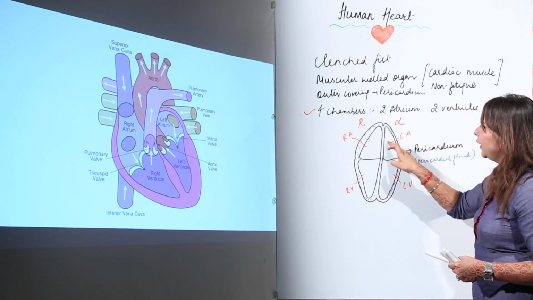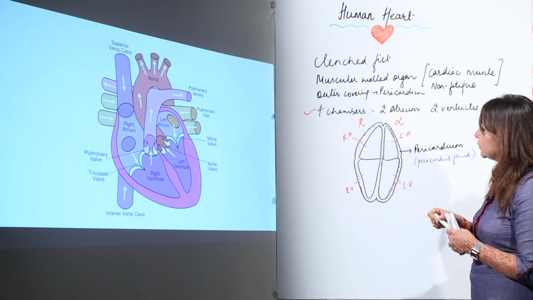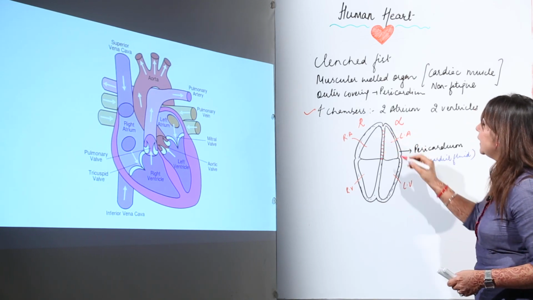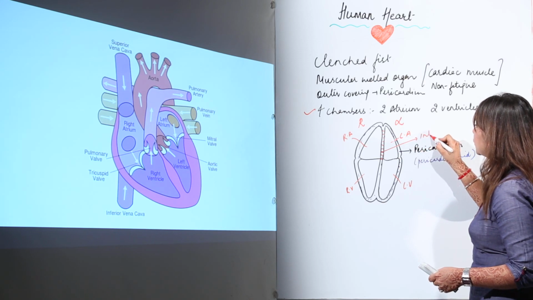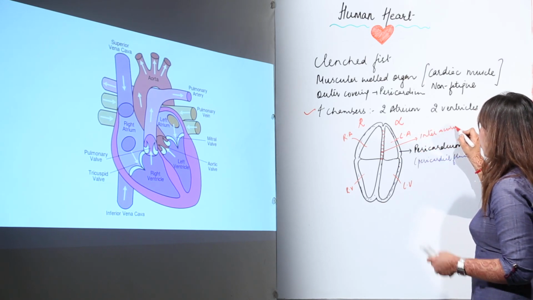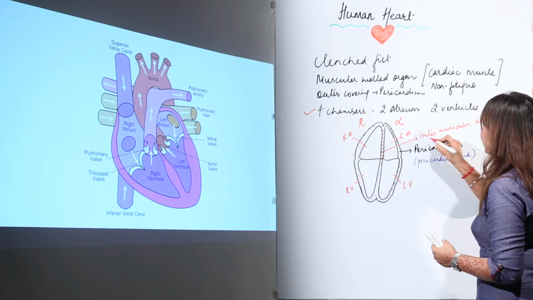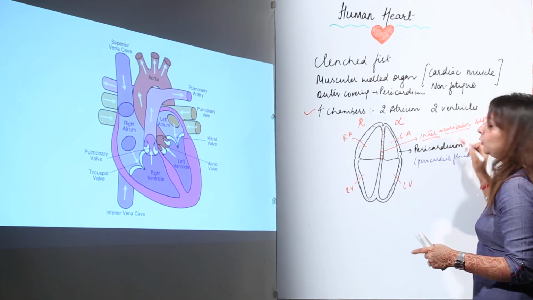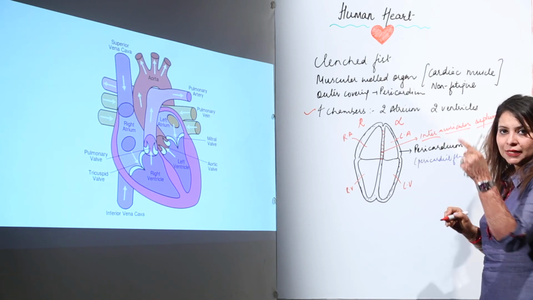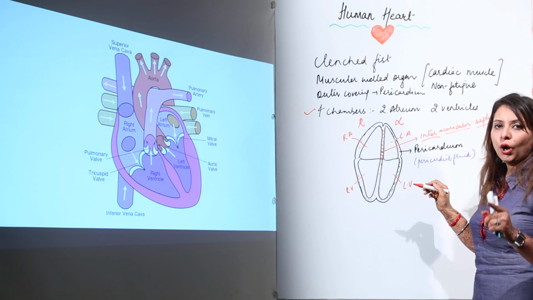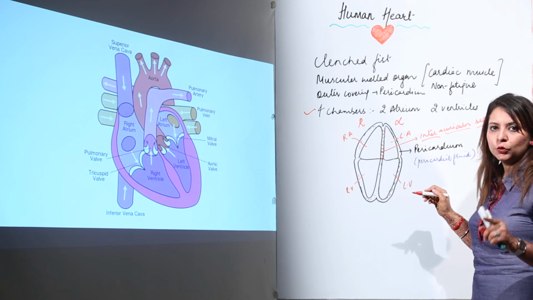See, the 2 auricles are never joined with each other. There is always a certain space present between the auricles, and that space is called the interauricular septum. Inter means in the middle, auricular means between auricles, septum means a division. So the 2 auricles are separated by the interauricular septum.